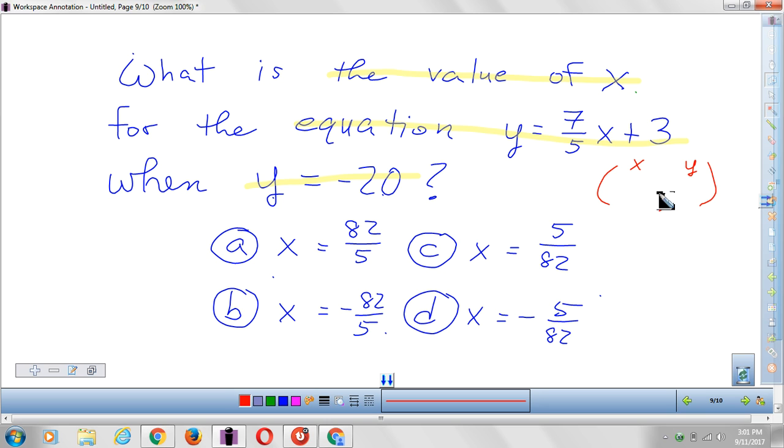They gave me negative 20, and they want the x. So it's a trade. I'm giving the calculator negative 20, and the calculator is going to give me the x. That's the trade. Okay, and here's the equation that I'm going to use for my strategy.